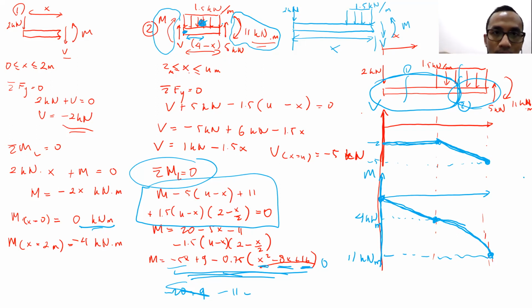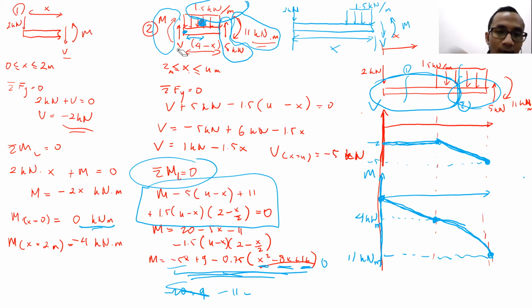And then we have a shear force, 5 kilonewton. And the last one is the distributed force, 1.5 kilonewton per meter over the length of 4 minus x. Correct, right, Rizky? Correct, Pak. Here, we don't have to consider the shear force at the cut because it has moment arm length of 0, right? Yes. Okay, so those 4 are the things that we're supposed to consider.